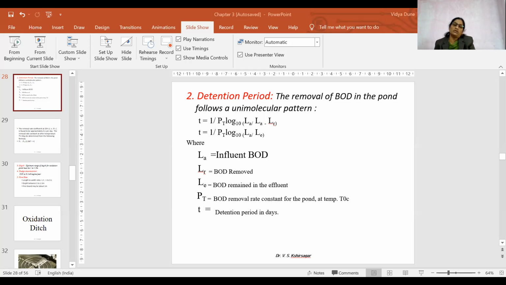Or we may convert it to T is equal to 1 upon PT log to the base 10 LA upon LE, since LA minus LR is equal to LE. And in the given problem, LE is given to us directly. What is the value of LE?